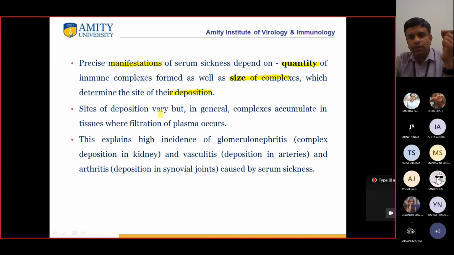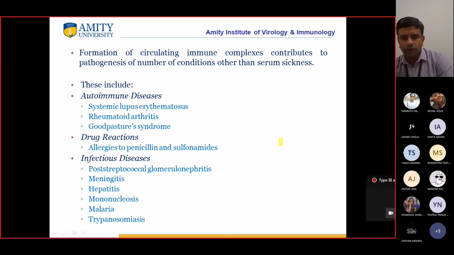But in general, complexes accumulate in tissue where filtration of plasma occurs. So this explains the high incidence of glomerulonephritis when these complexes get deposited in the kidney, vasculitis when deposited in arteries, and arthritis in the synovial joints. I think I'll just take one example of glomerulonephritis to explain the process.